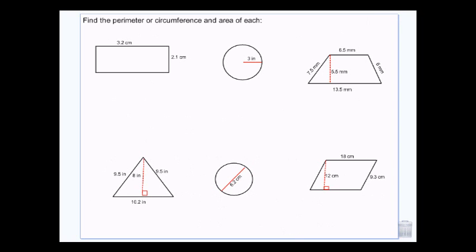Okay, perimeter and or circumference of each. If this is 3.2, that makes this also 3.2, and if this is 2.1, this is also 2.1. And I can add up all the sides.